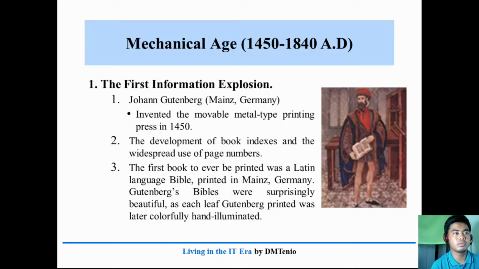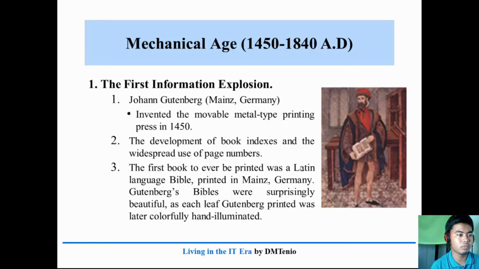From 1450 to 1840 AD, the first information explosion. Johann Gutenberg, from Mainz, Germany, invented the movable metal type printing press in 1450. Then came the development of book indexes and the widespread use of page numbers.